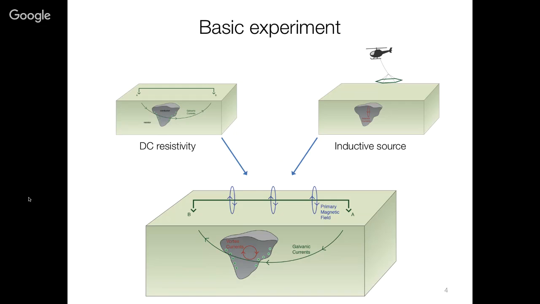So if we put them together, we still get currents flowing through the Earth in a galvanic fashion, but we also get induced currents. Trying to parse those out is really interesting, and it gives rise to a whole new set of surveys that you can effectively use. So we want to go through the basics of this and then look at some applications.